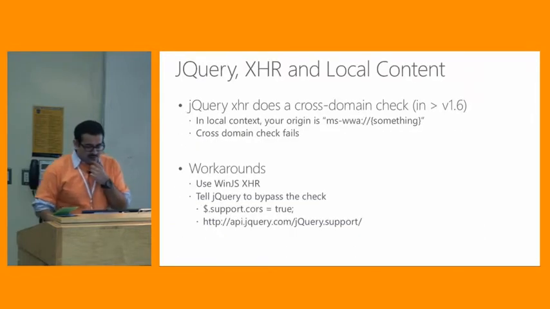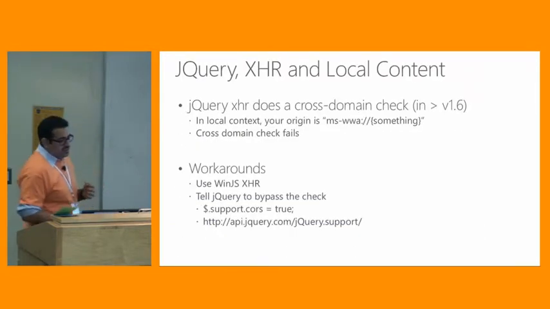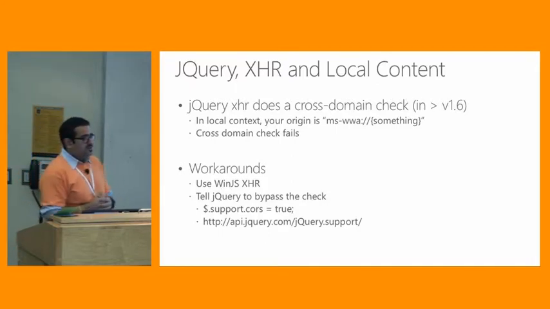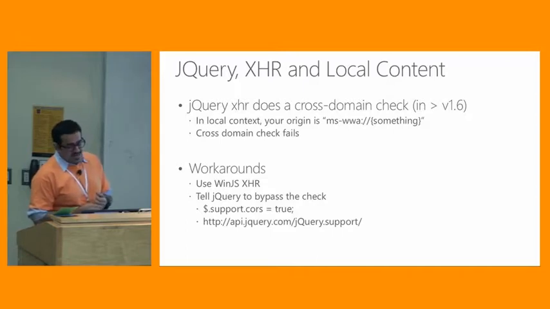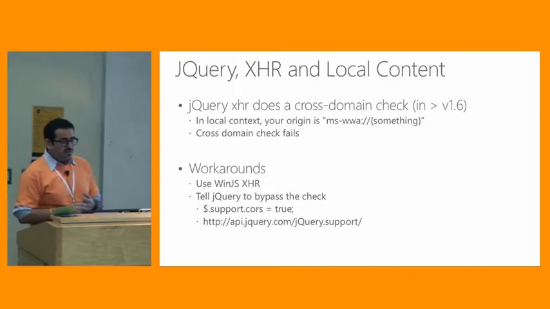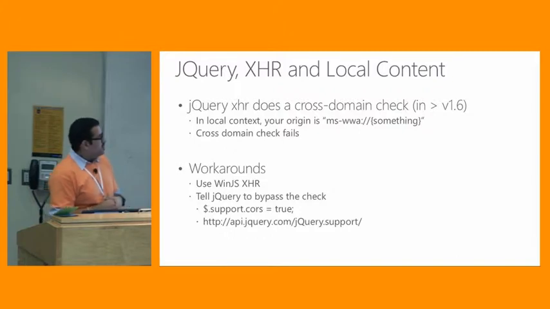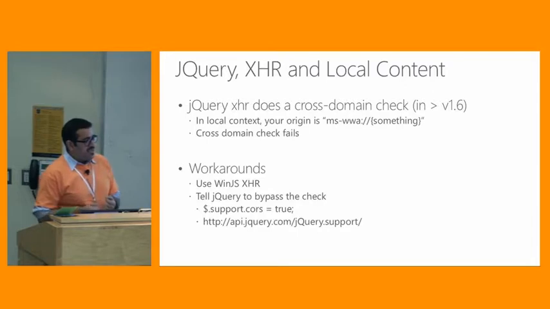So this is the little caveat about using XHR in jQuery. There are cross-domain issues trying to access web content, and jQuery XHR has that check in versions 1.6 and up. So you have to be aware of what your local context is, and so cross-domain checks might fail just for XHR.